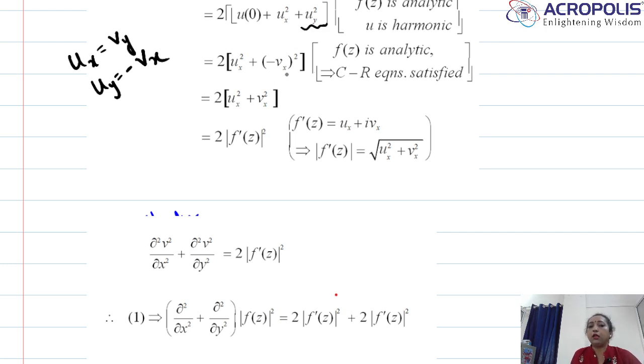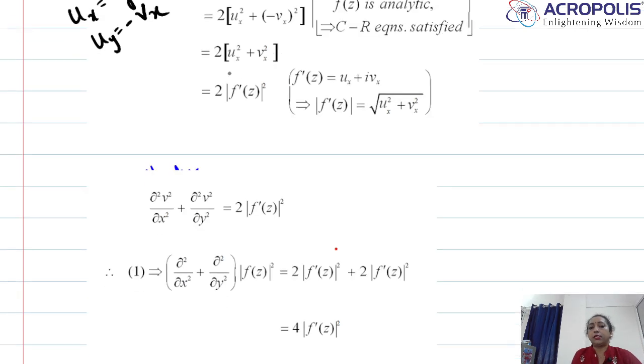So we replace u_y with −v_x. We get (−v_x)², and the value becomes 2(u_x² + v_x²), and this value represents the derivative of f(z). So it is equal to 2|f'(z)|², because if f'(z) = ∂u/∂x + i ∂v/∂x, then the modulus of f'(z) is the square root of u_x² + v_x².